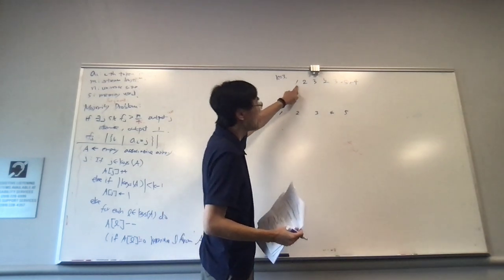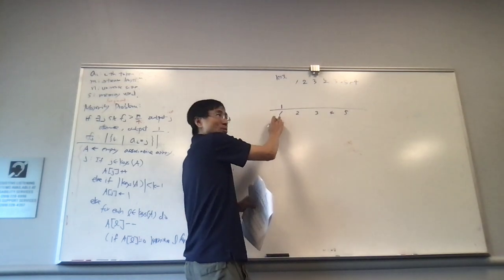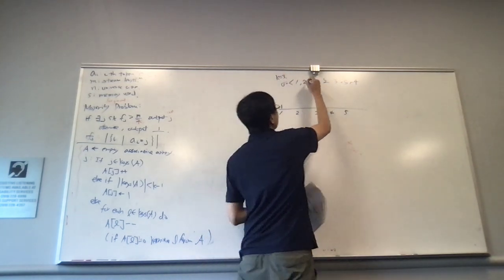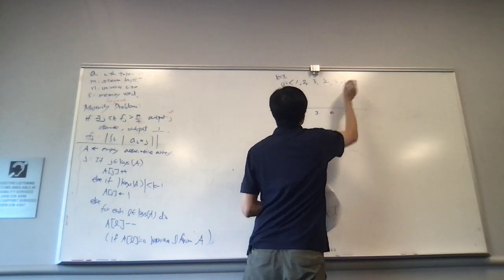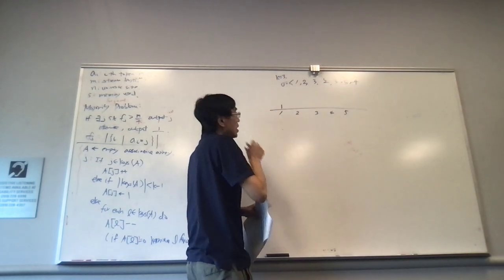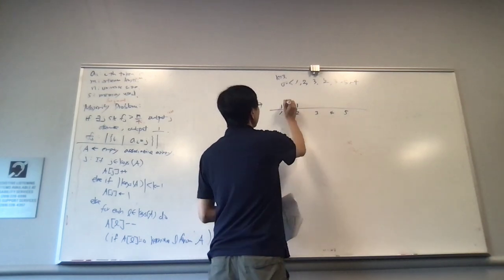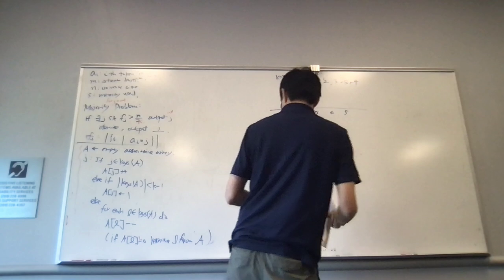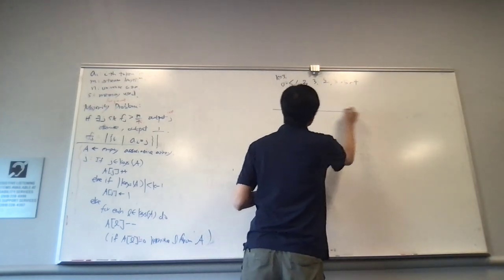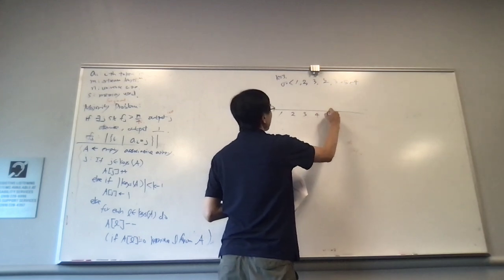When I see element 1 first in the sequence, I draw 1 bar here because it means a count of 1.